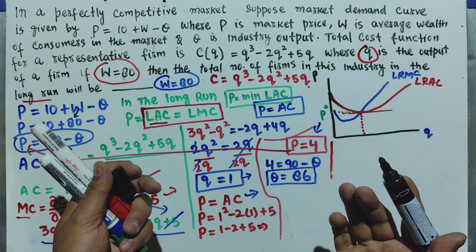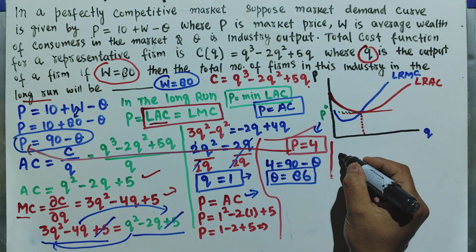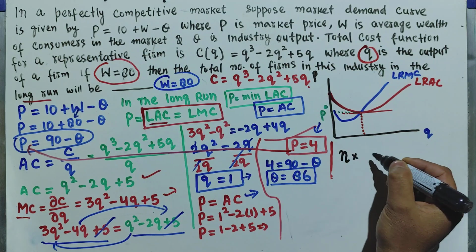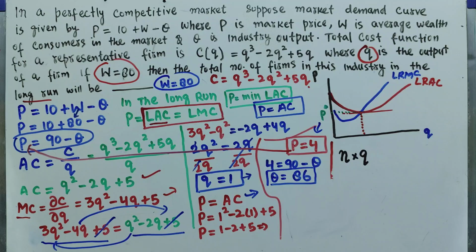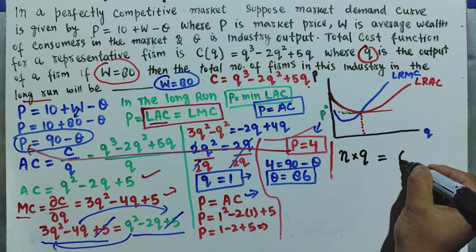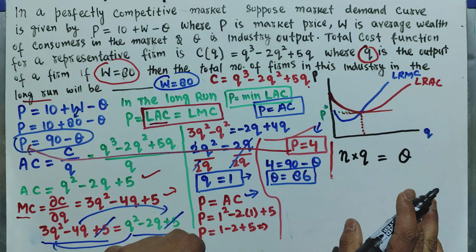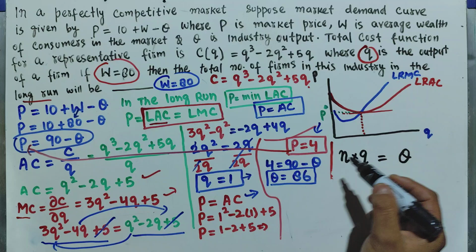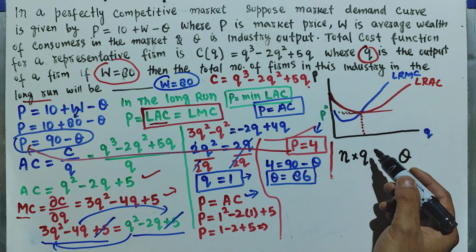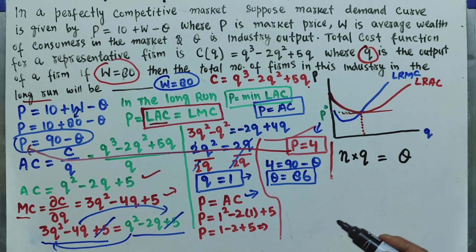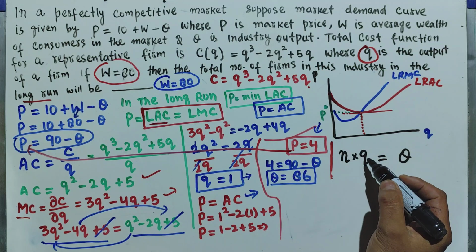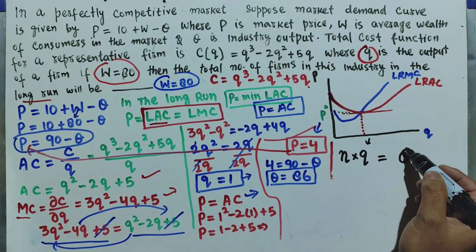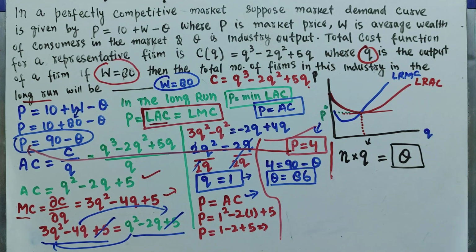then what about the number of firms in this industry? Let us denote N as the number of firms. Number of firms times the output produced by each representative firm will be equal to the total industry output. Simple thing. If each firm is producing 1 unit of output, then the total output will be equal to the number of firms times the output produced by each firm, and it will be equal to the industry output.